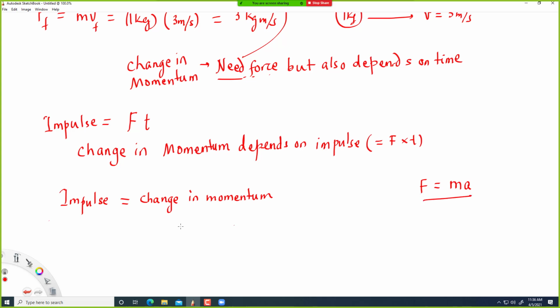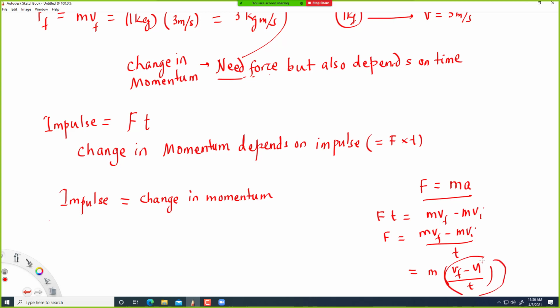If you break this down, impulse is F times t, change in momentum is final momentum minus initial momentum, and then F is, you take this t on the right side, m v final minus v initial over t. This thing is acceleration, that's ma. Okay? That's Newton's second law. So this is actually the consequence of Newton's second law. It's not a new thing, but it comes from Newton's second law.